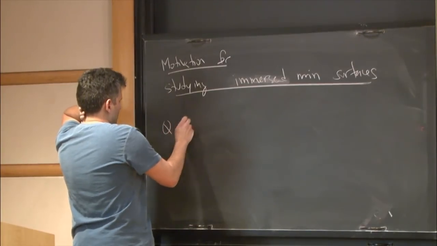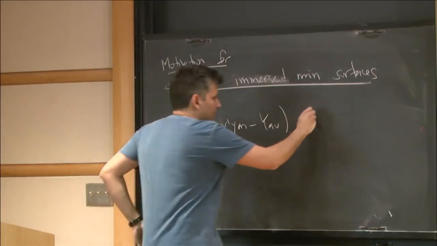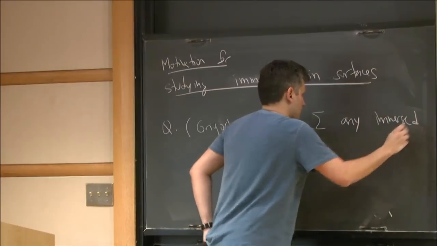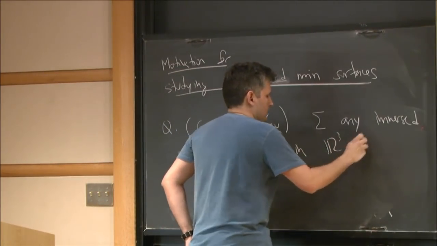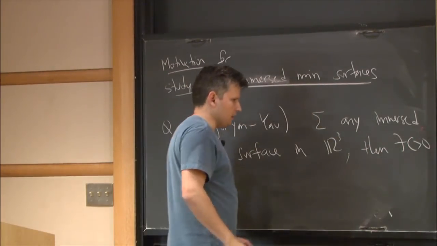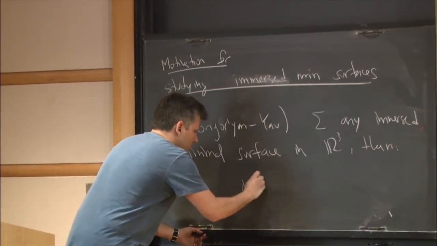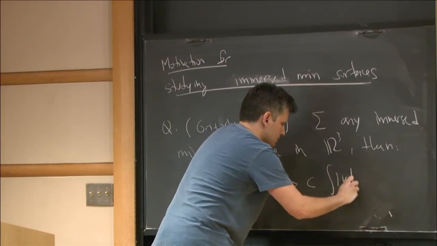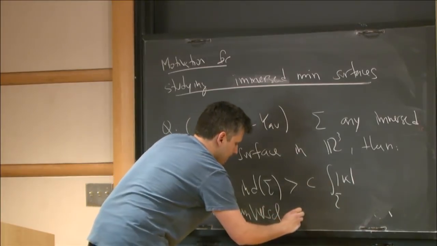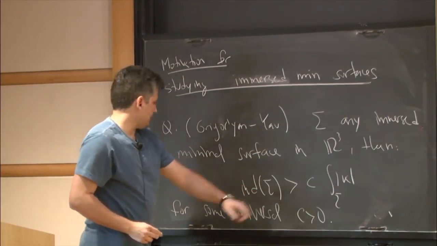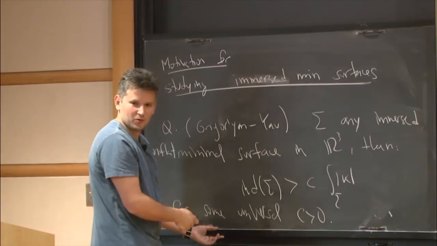This was a question from Gregorian and Yao: if I take sigma any immersed non-flat minimal surface in R3, then the index of sigma is at least a constant times this integral here, for some universal positive constant. I say non-flat because I don't want the integral to be 0.